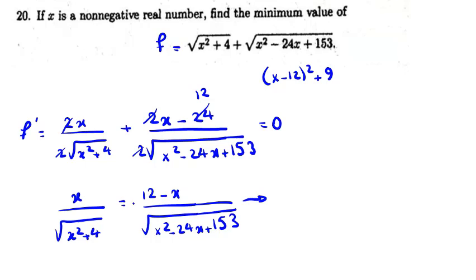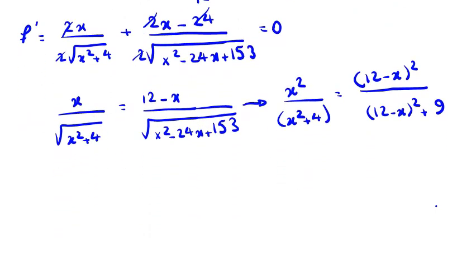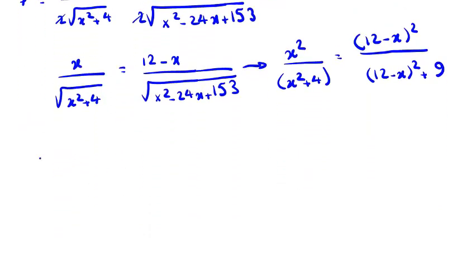So let's raise both sides to the power of 2. It will be x squared over x squared plus 4 equals 12 minus x squared over 12 minus x squared plus 9. Now let's see what we have.